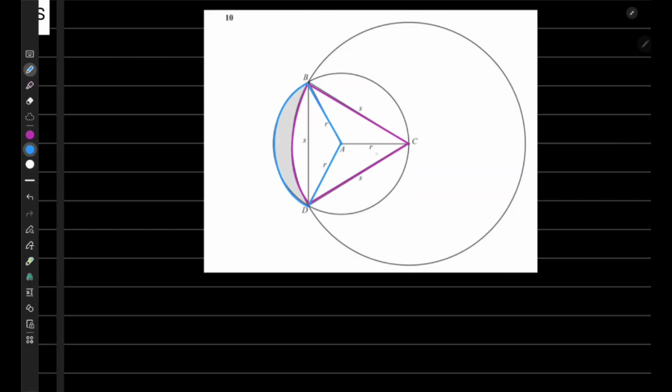Now we have to find the area of this part. This is the shaded part. So what we can do is area of this blue sector minus area of this triangle ABD.